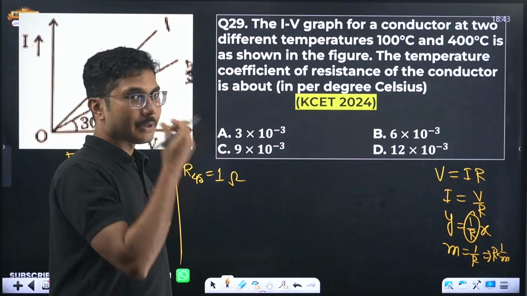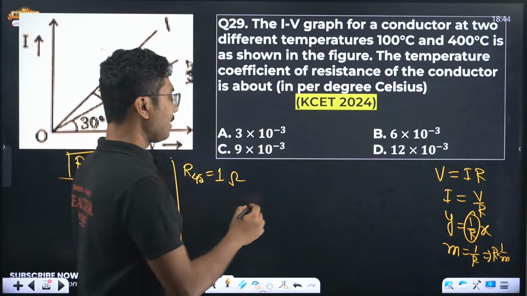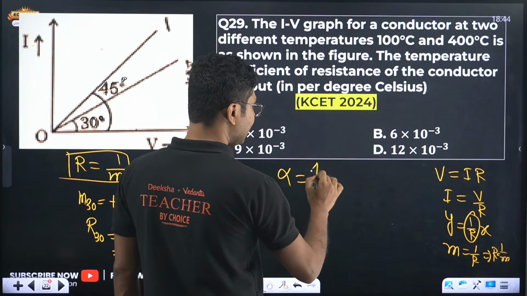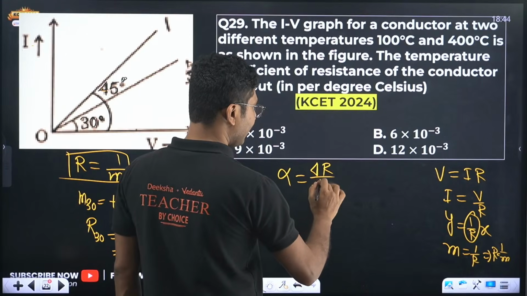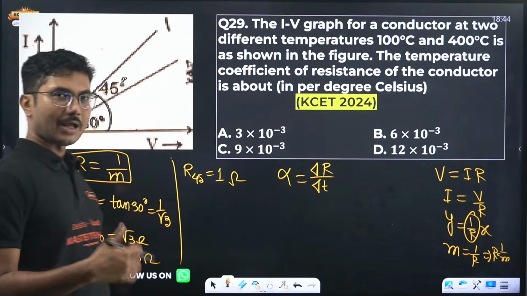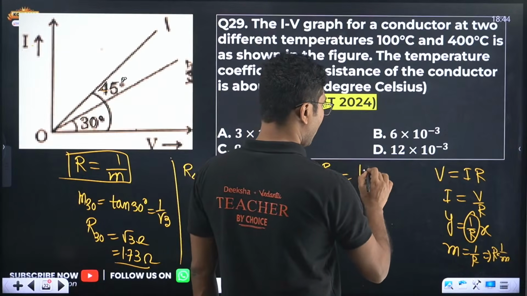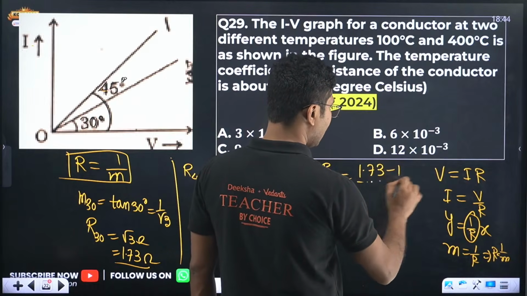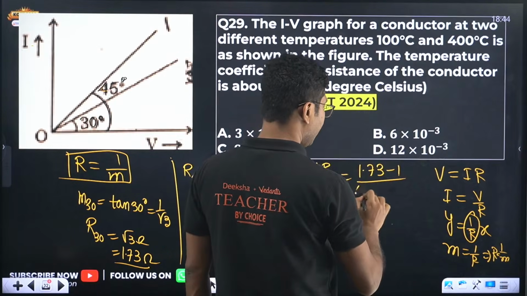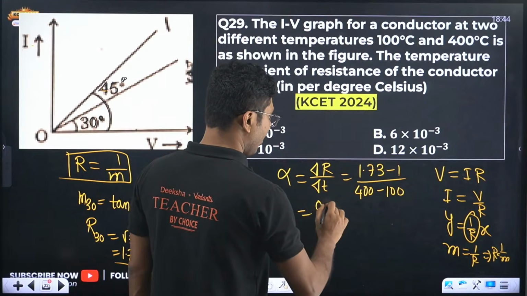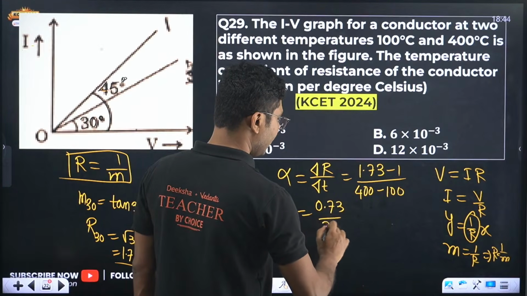Now what is the temperature coefficient? To calculate it, you need to find the difference in resistance divided by the difference in temperature. As easy as that. So 1.73 minus 1 divided by 400 minus 100, that is 0.73 by 300.